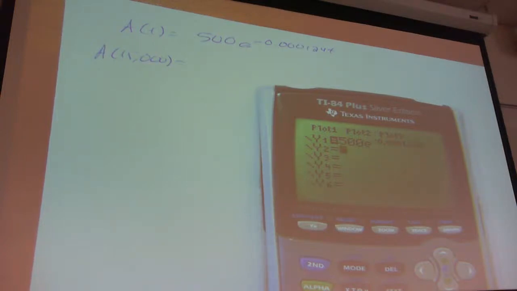Okay, so one way is to put the equation in Y1. Be careful typing it in. Go to the table, delete the ones you have in there, type in 15,000, get about 77.8. Or, we can just type it in: 500 e raised to the negative 0.000124 times 15,000, and you get the same answer.